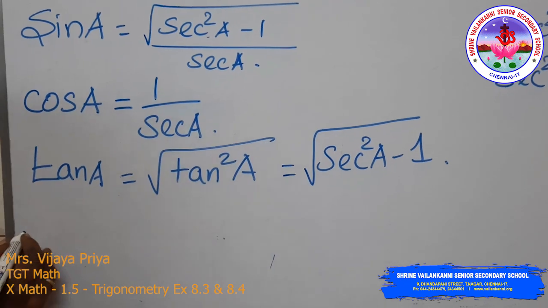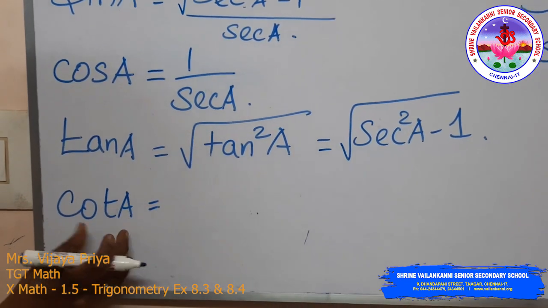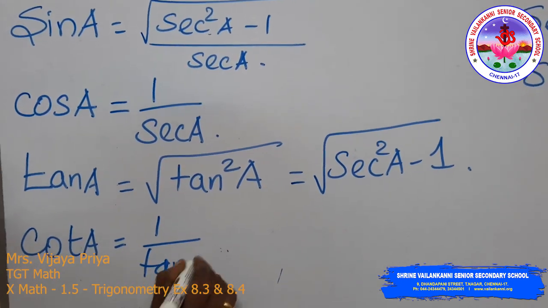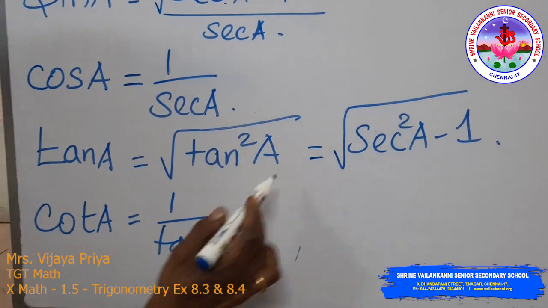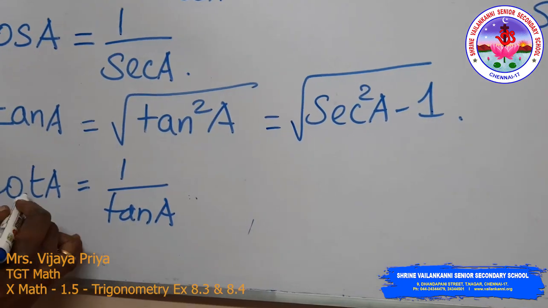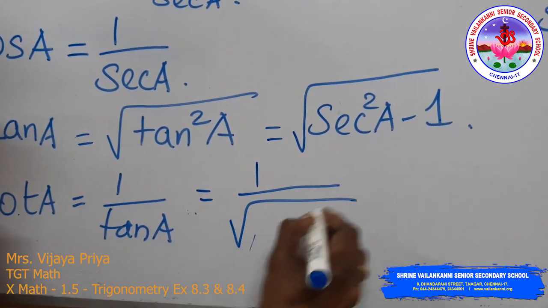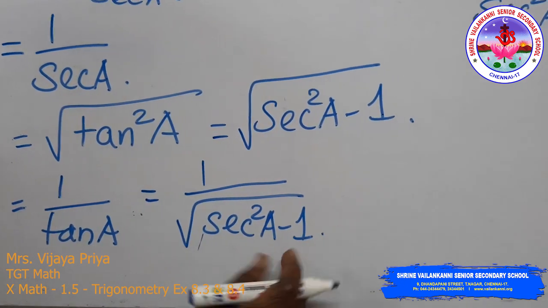Now coming to cot A. Cot A will be the reciprocal of tan A, where I got tan A as square root of secant squared A minus 1. So cot A is equal to 1 by square root of secant squared A minus 1.